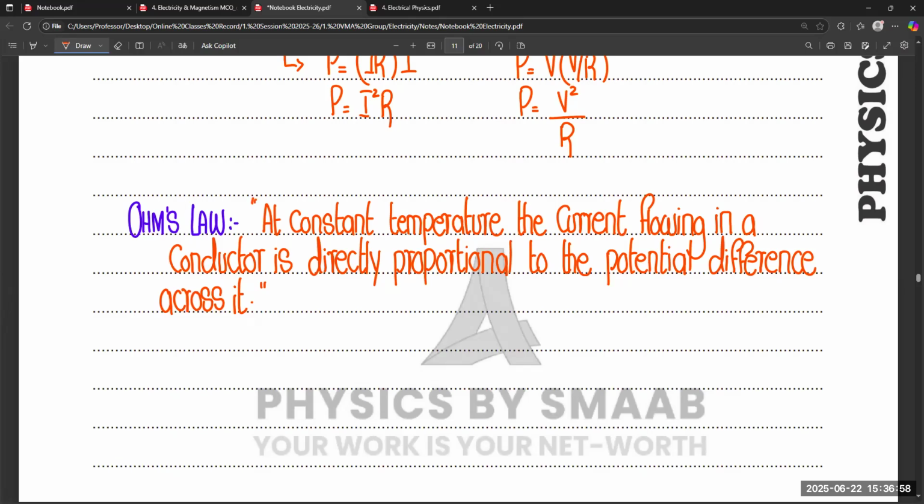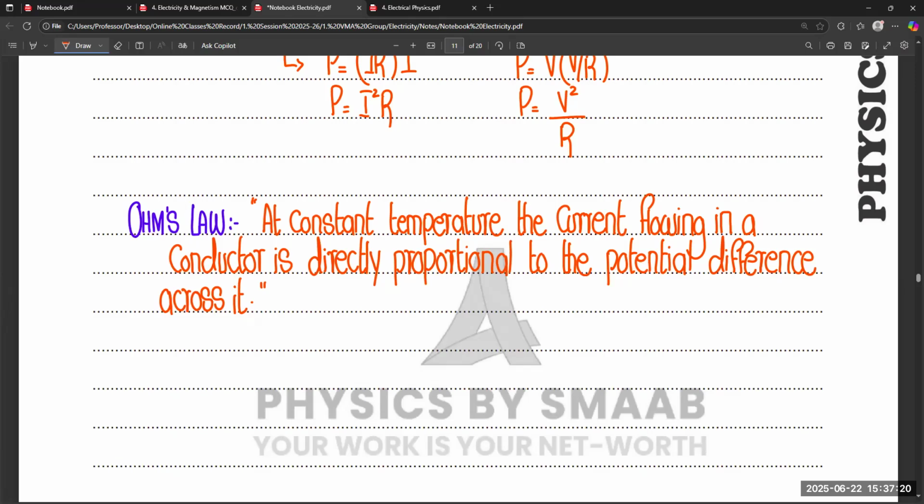So basically, if we consider a wire, and let's suppose that wire is of any material. We don't know about the material. If you observe that you keep the temperature constant for that material, and the current and voltage both are directly proportional, it means that the conductor obeys Ohm's law.